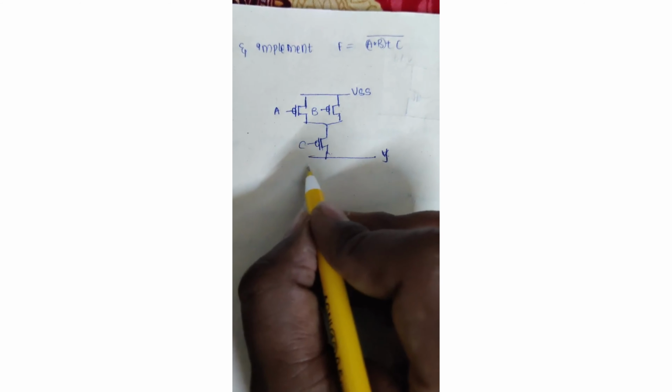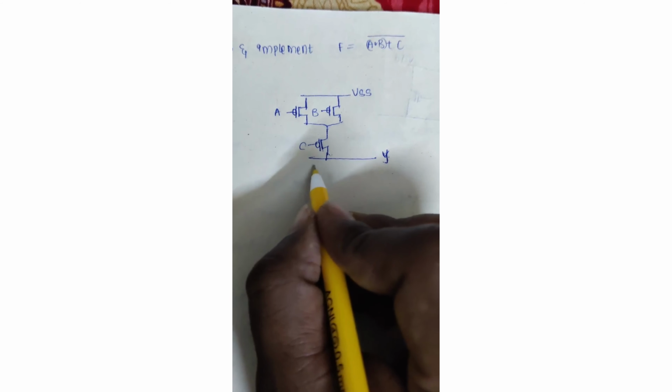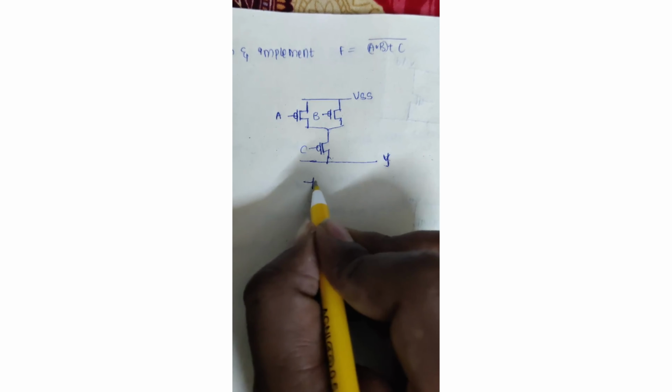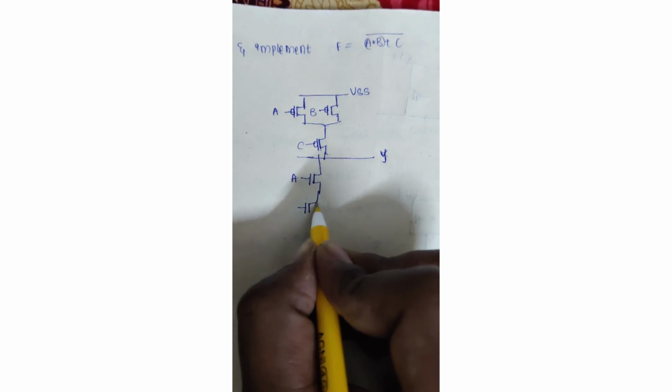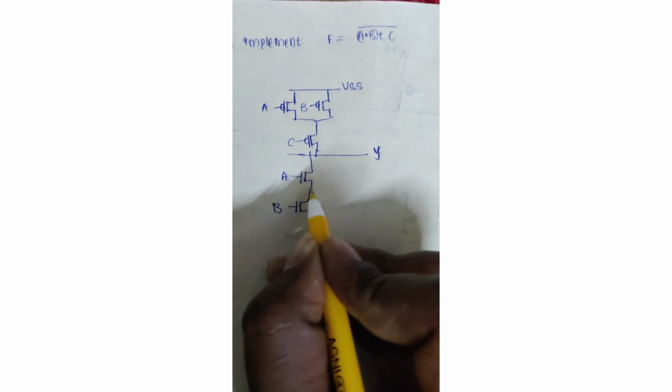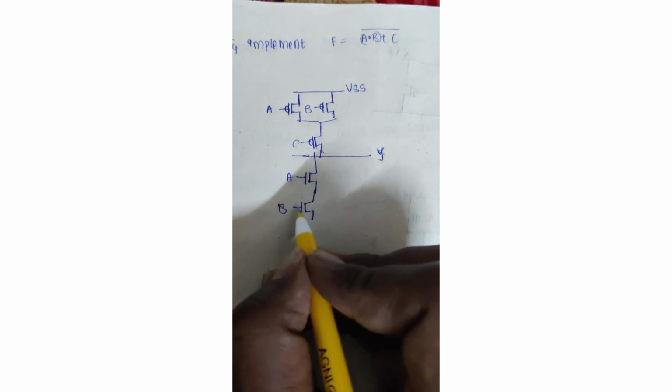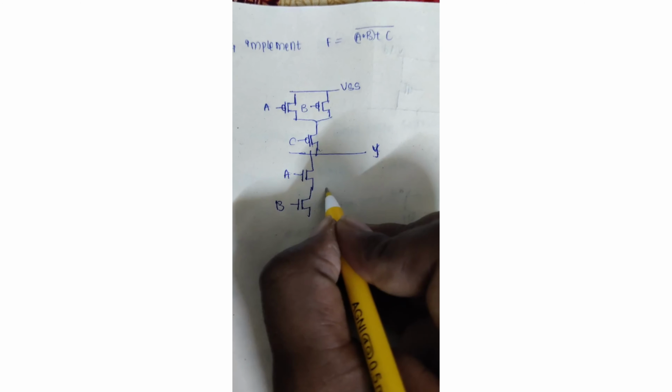Let us implement this expression for an NMOS. Now NMOS, this is A and then this is B. A and B are in series. Now this must be in parallel with C, as we have plus for an NMOS.